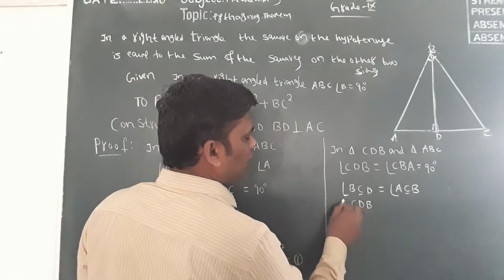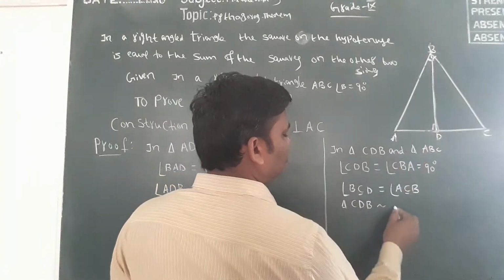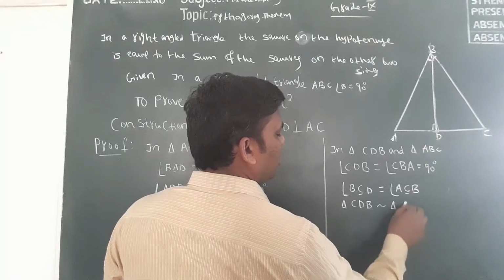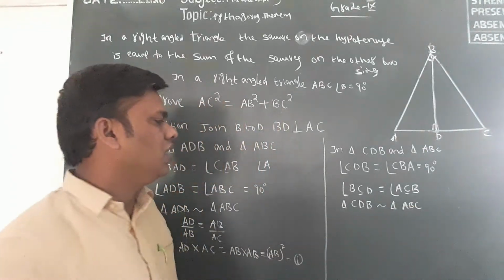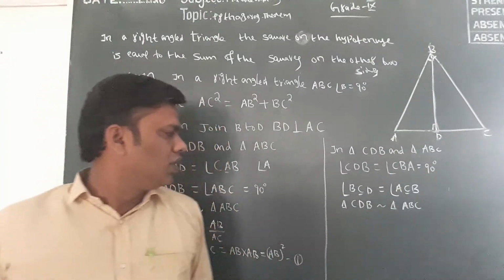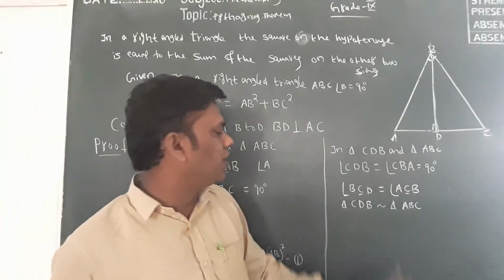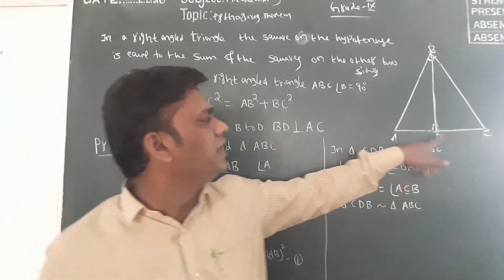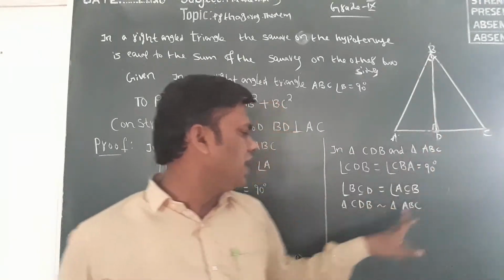Triangle CDB is similar to triangle ABC. Now from proportion we can write.